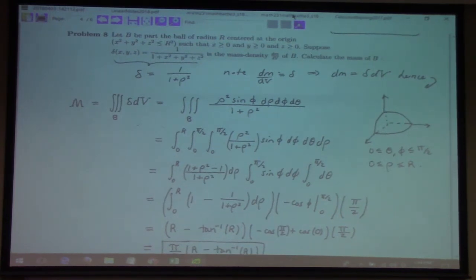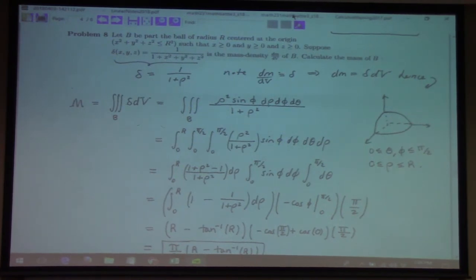Let B be part of the ball of radius r centered at the origin. In the first octant, where x, y, and z are all non-negative, let the density, mass per unit volume, be 1 over 1 plus rho squared for fun. That's the mass density of the ball. Calculate the mass. Aw, man, I didn't say calculate the center of mass.